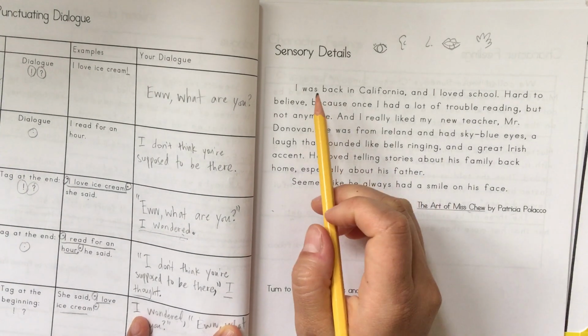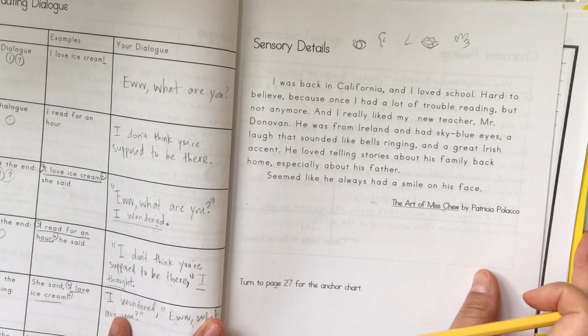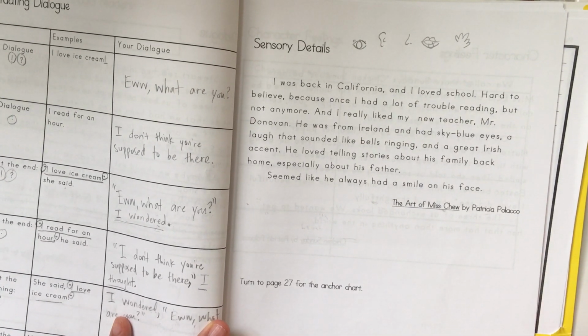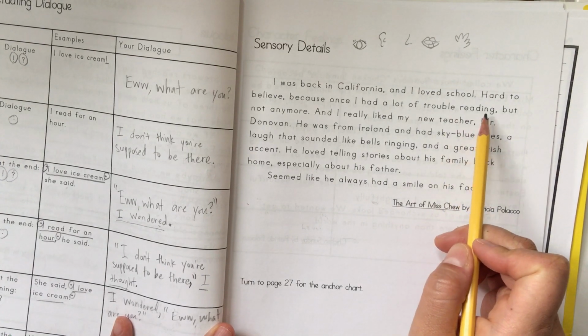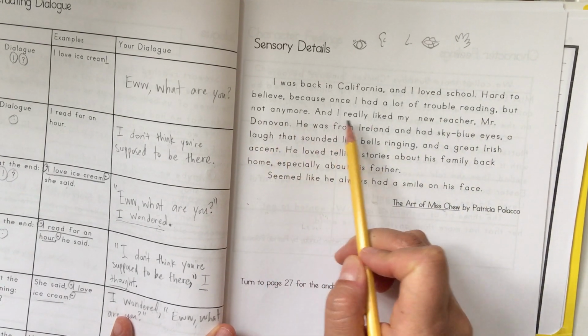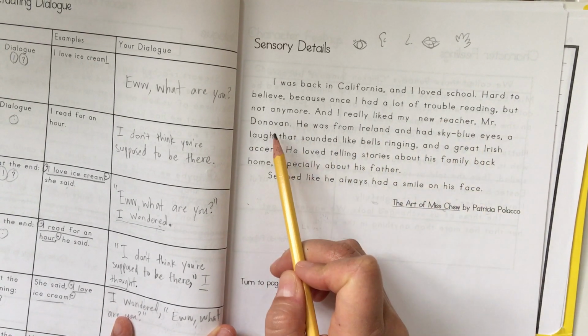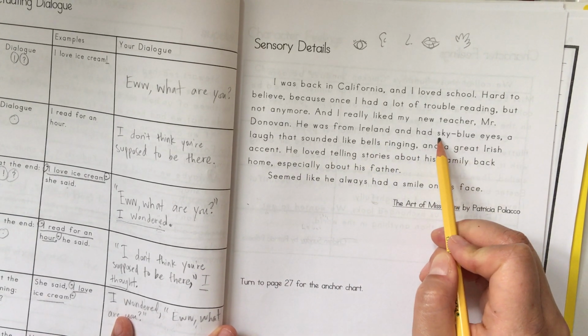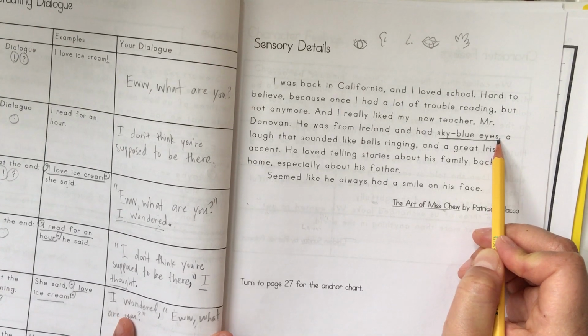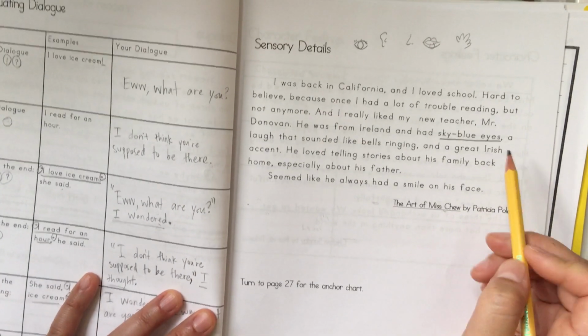Let me read through. I was back in California and I loved school. Hard to believe because once I had a lot of trouble reading, but not anymore. And I really liked my new teacher, Mr. Donovan. He was from Ireland and had sky blue eyes. Oh, I can imagine that. It was bright blue.